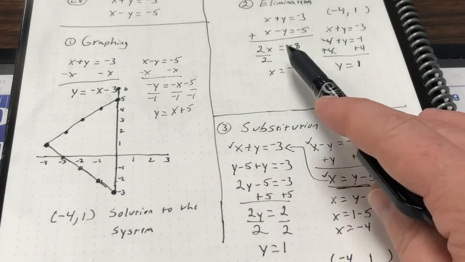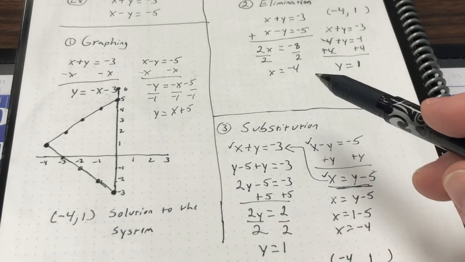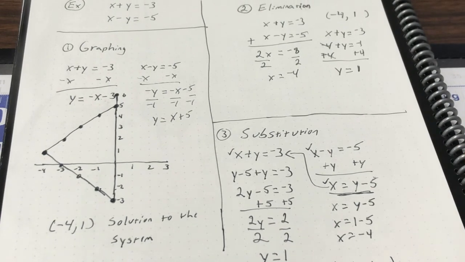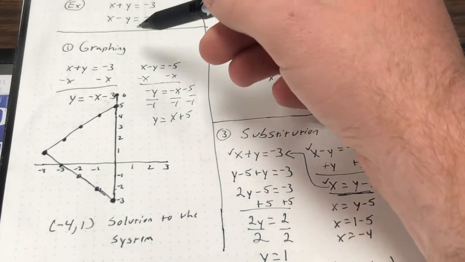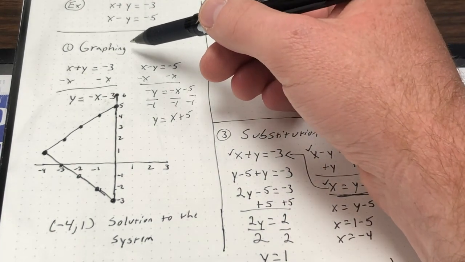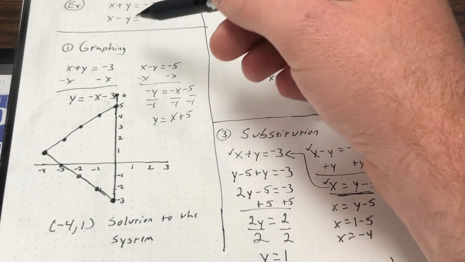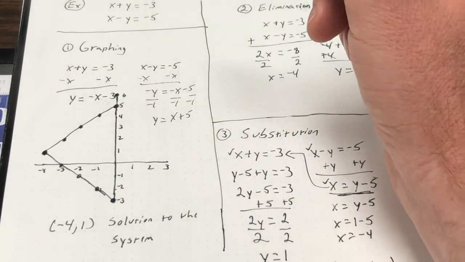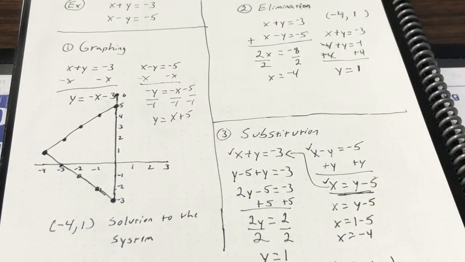You can use graphing, elimination, or substitution. You're all going to get the same exact answer. One may require a little bit more pre-work than the other. For instance, with my class, a lot of you all would probably pick graphing, but you have to make sure that y is by itself. So that's kind of your key there. Make sure y is by itself before you start getting into the graphing part of it.